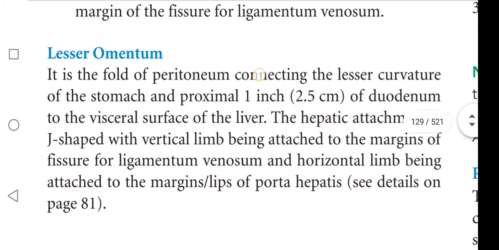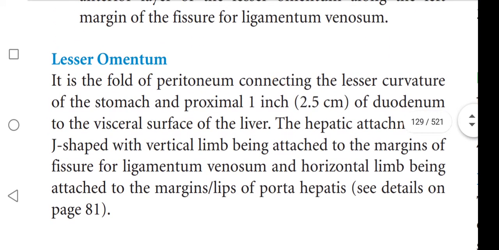Next, lesser omentum. Lesser omentum is the fold of peritoneum connecting the lesser curvature of the stomach and proximal 1 inch, that is 2.5 centimeters of the duodenum, to the visceral surface of the liver.